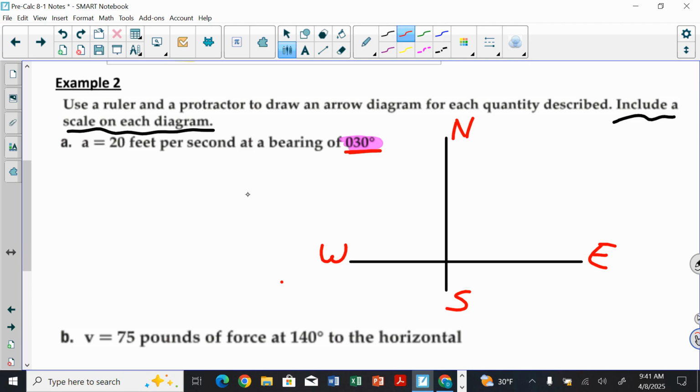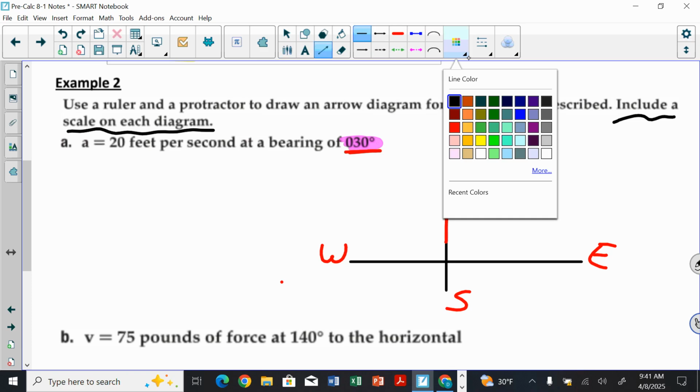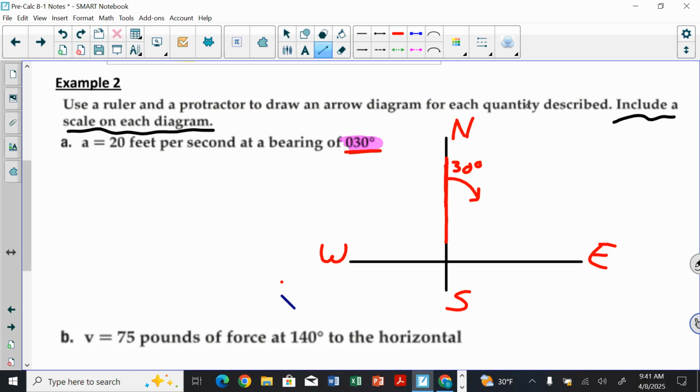So this is where my zero line is going to be, on this line. And then I'm going to go 30 degrees clockwise. This would be my zero, and I'm going 30 degrees here. I'm just sketching it out the best I can. But this is the 30 degrees we're talking about. So now my new line would be from the origin here up 30 degrees, like so, okay?